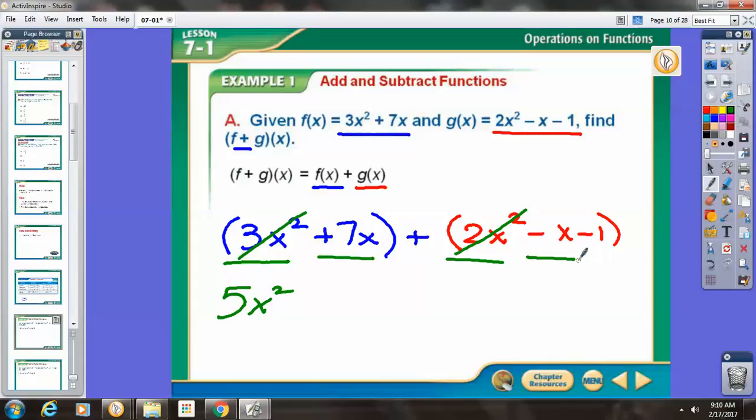What is 7x minus 1? A plus a negative 1. 6x. And last we have minus 1. 5x squared plus 6x minus 1. We've added the 2 functions. There's nothing else to do. We're just adding the 2 functions here.